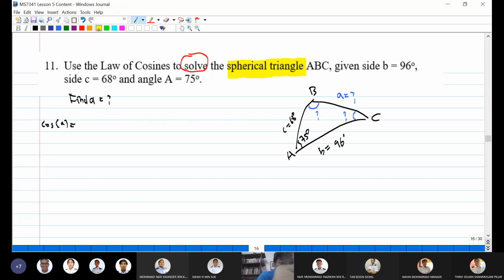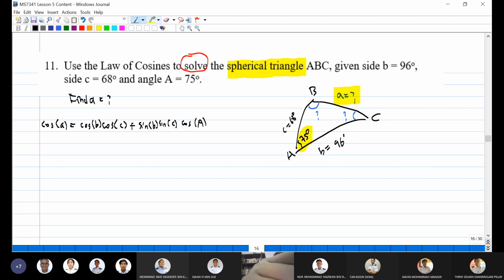The side length is a, corresponding to angle A here. So cosine a is equal to cosine b cosine c plus sine b sine c times cosine A.